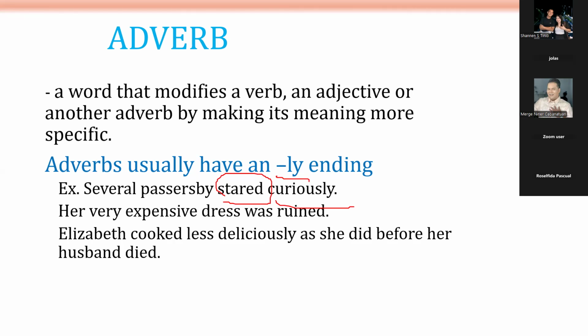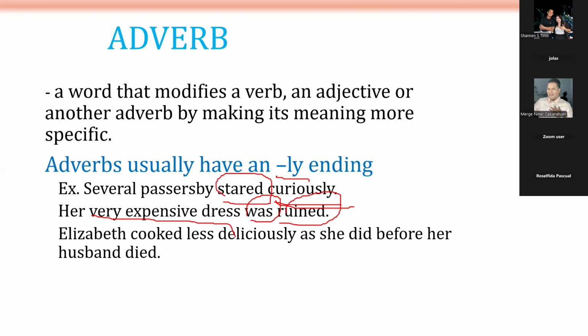They stared in a curious manner, or curiously. Okay? Her very expensive dress was ruined. Okay, so in this case, we have the verb was. Very expensive dress, ruined. Okay?